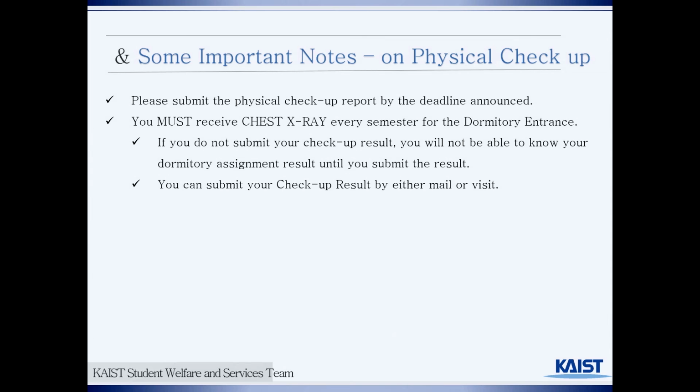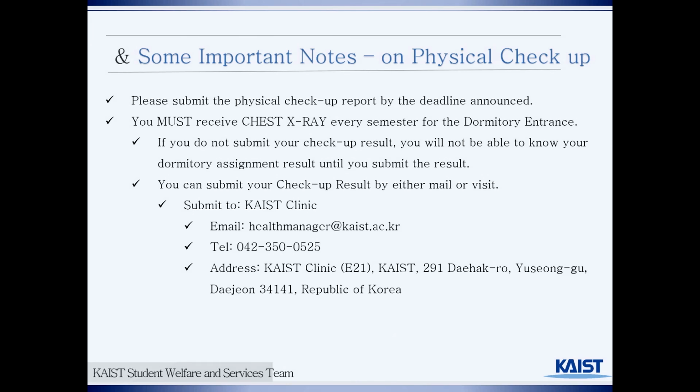You can submit your checkup results by either email or visit. You can submit it to the KAIST clinic. The email address is healthmanager@kaist.ac.kr. The telephone number is 042-350-0525, and the address is KAIST Clinic, E21, KAIST 291 Daehak Row, Yuseong-gu, Daejeon 34141, Republic of Korea.